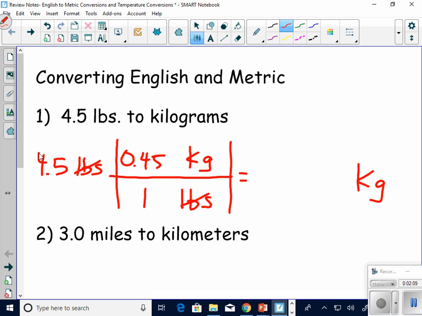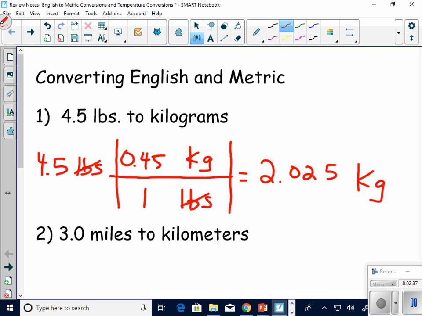So I would take the 4.5 and multiply it by 0.45, and that would give me a value of 2.025 kilograms.